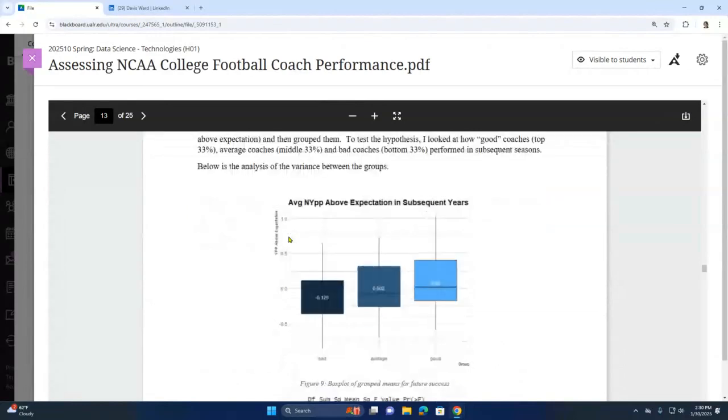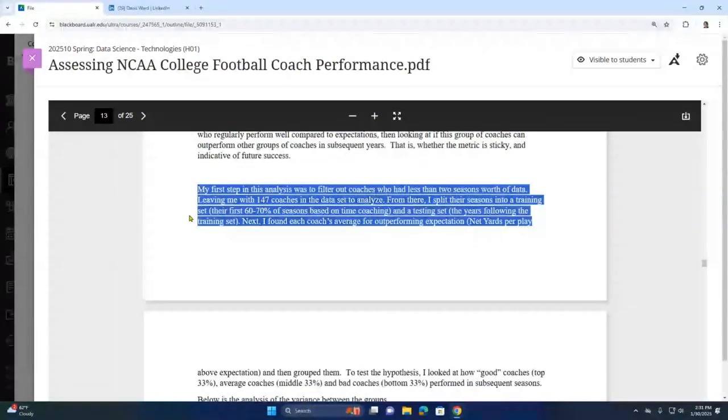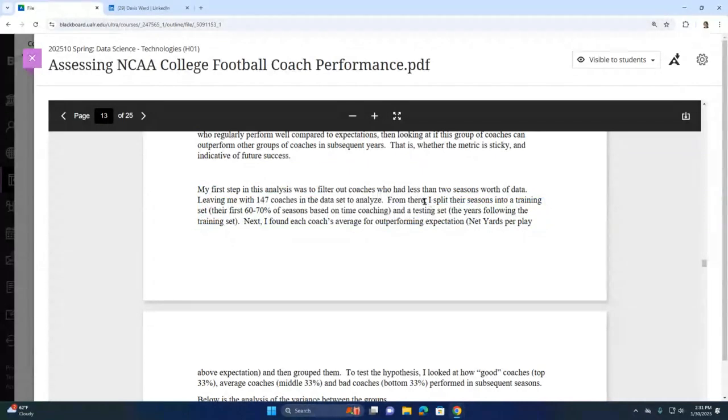And part of the way that he evaluated it is he split their seasons using a temporal time frame. That is, he first developed, using the first 60 to 70% of their history, his predictions as to which coaches were doing the best job of performing above average, basically average, or below average.